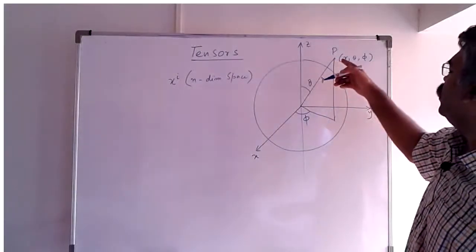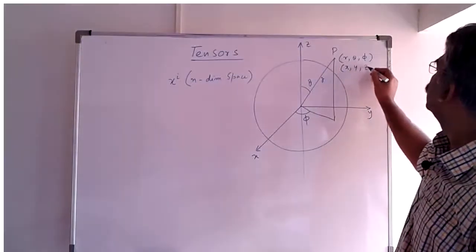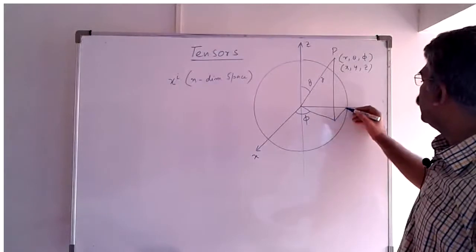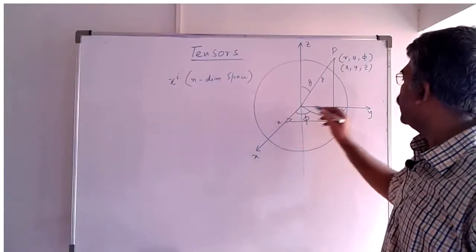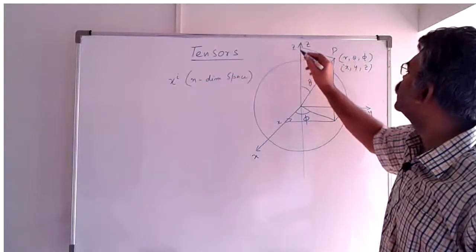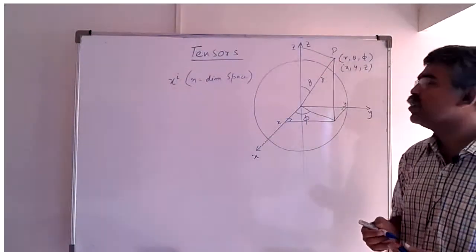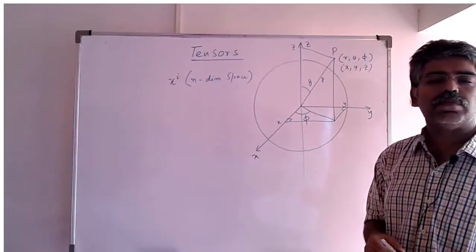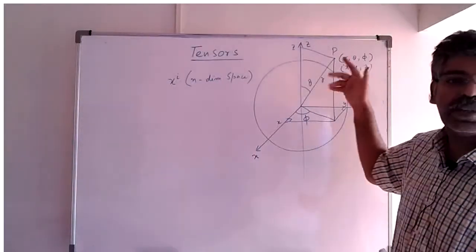Now this point P is also labeled by x, y, z. You drop a perpendicular here, you drop a perpendicular there. So this is x, this is y, and if you drop a perpendicular on the z axis, this is z. So this physical point P is labeled by r, theta, phi, and it can also be labeled by x, y, z, and there is a transformation between these two coordinates.